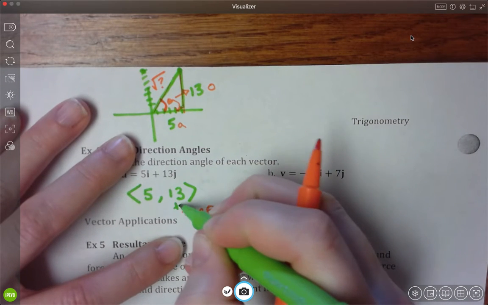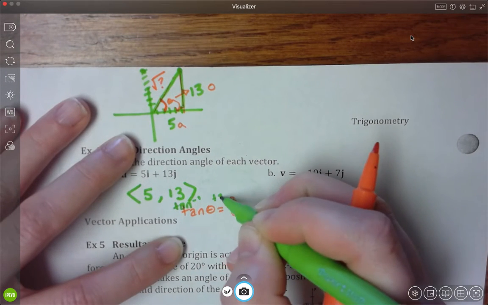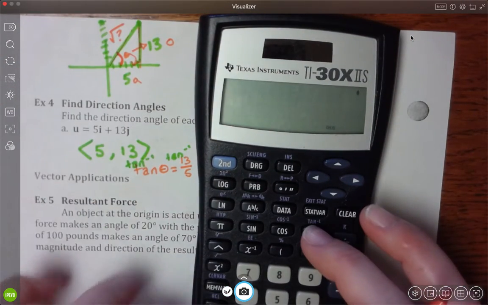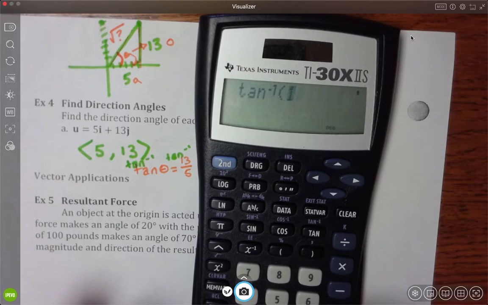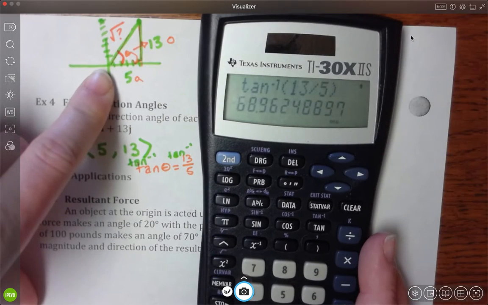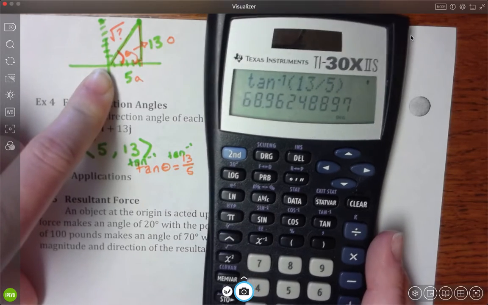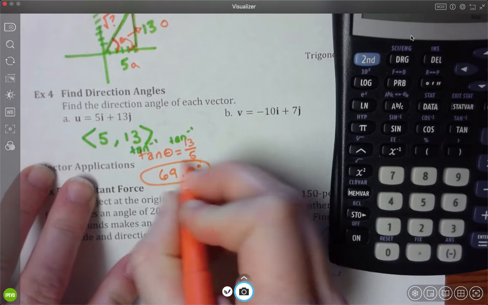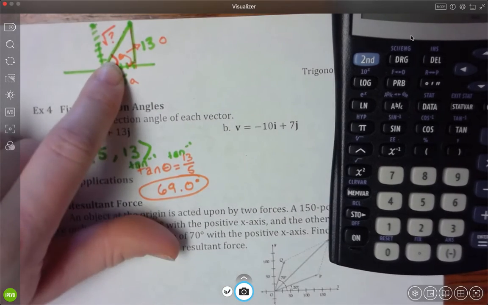So inverse tangent, and I just plug it in. Inverse tangent of 13 over 5. And that is 68.96, or let's go 69.0 degrees. Okay, 69.0 degrees is how big that angle will be, okay?